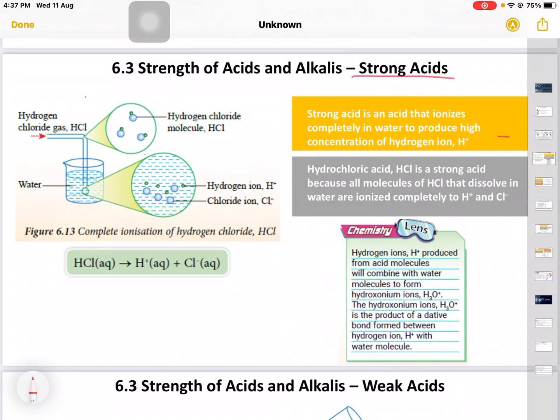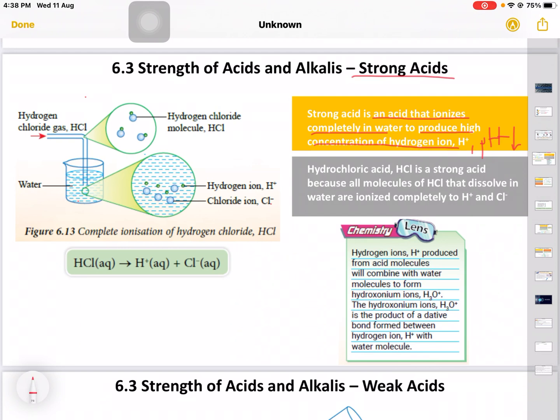Strong acid is an acid that ionizes completely in water to produce high concentration of hydrogen ion. Before this, you learned under subtopic 6.2, when the concentration of hydrogen ion is high, the pH value is low. The higher the concentration of hydrogen ion, the lower the pH value.